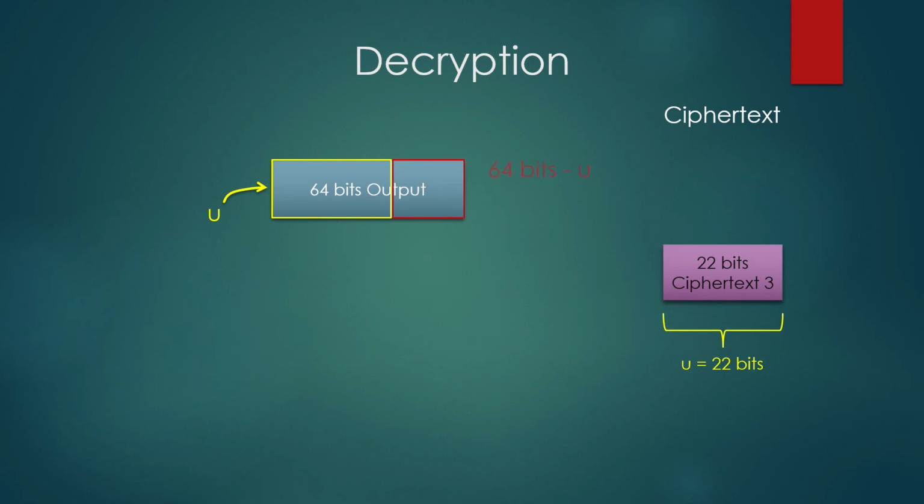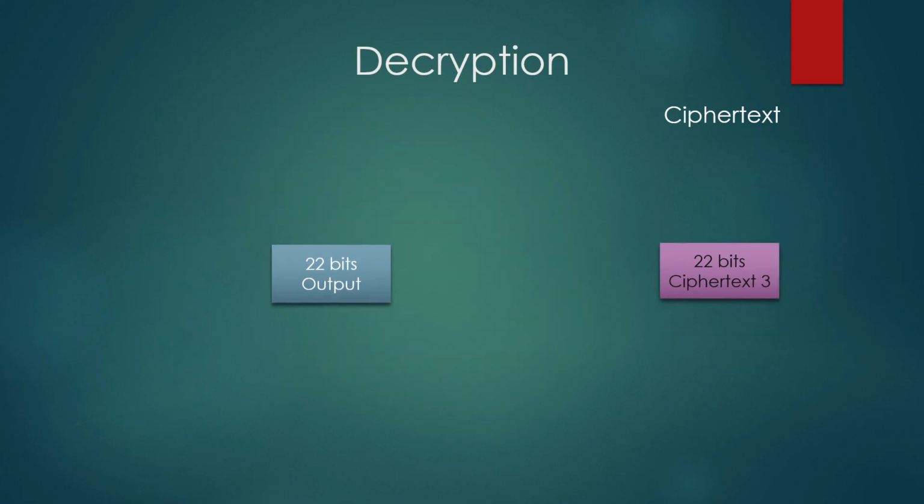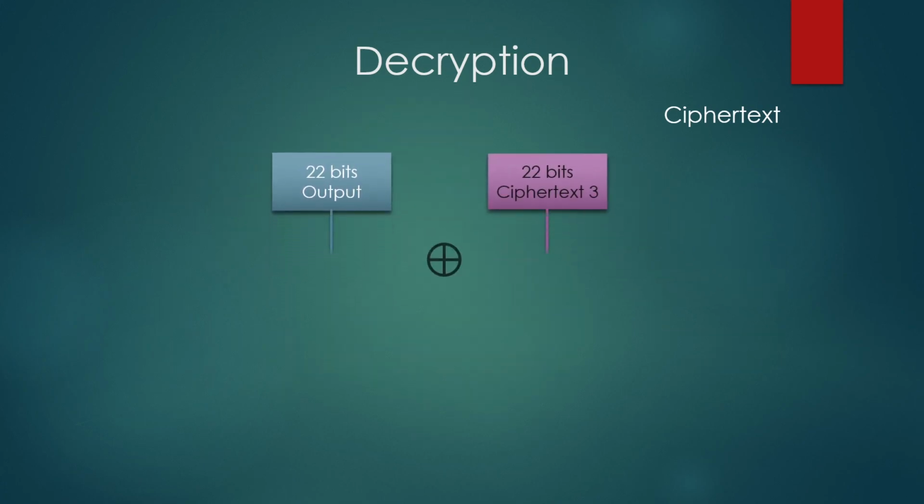The remaining block size minus U bits are discarded. Now, the 22 bits of output block is used to XOR with the 22 bits ciphertext block to produce the last 22 bits of plaintext block. Therefore, this concludes the decryption process of CTR.